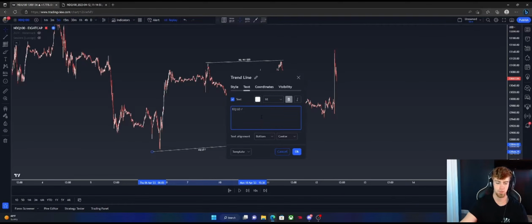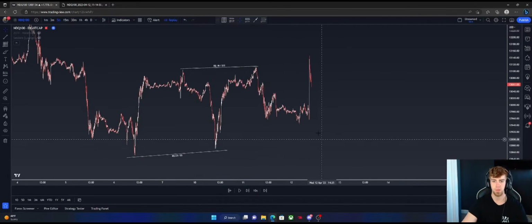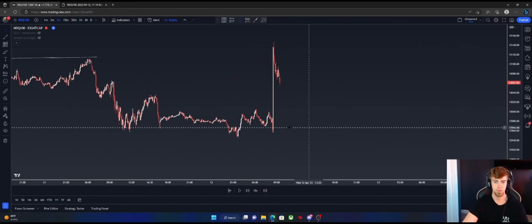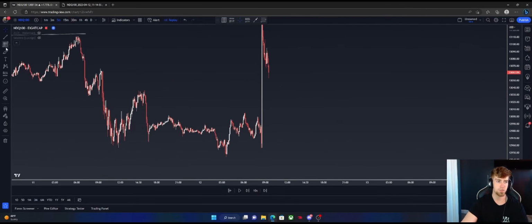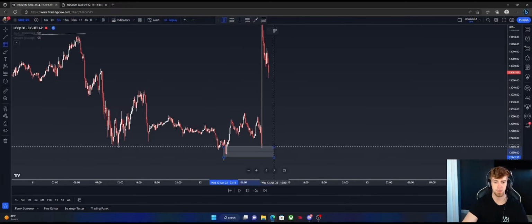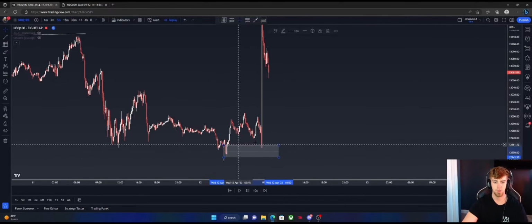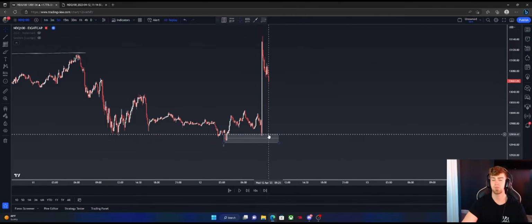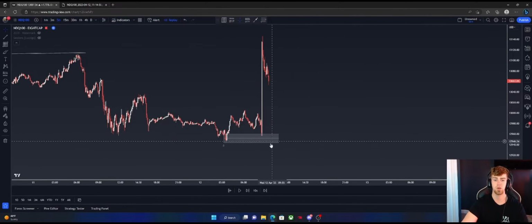Liquidity. So liquidity, perfect. So now I didn't want to target this demand right here because CPI actually ended up reacting off of this demand right here. Once we have a demand or a point of interest that reacts with news, if price comes back down to that area, it's most likely going to take it out because it's all liquidity.